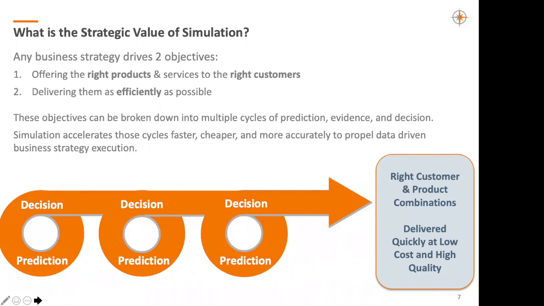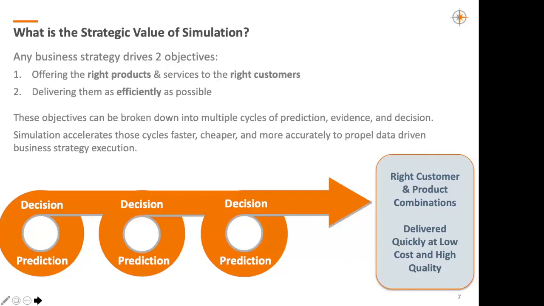So what market are you serving? And for each of those markets or micro markets, ideally, what products or services that you create are the best fit for that set of customers. And the second objective with any business is to deliver them as efficiently and effectively as possible. So find the right customers and get the goods and services to them effectively.